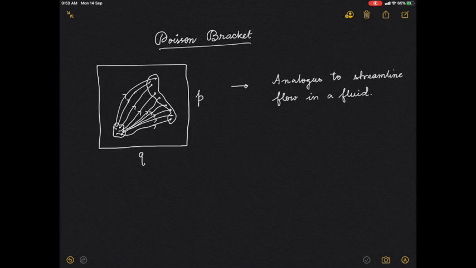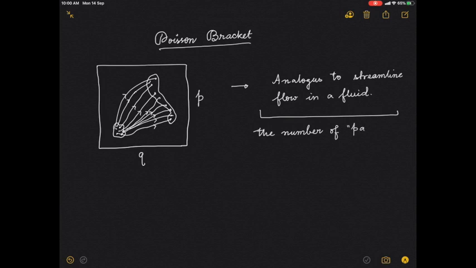So what I will do is take some result that we know is true for a fluid and use it directly here. What we know for a fluid, and this is a fluid where the number of so-called particles is constant, so it doesn't create or destroy any of them.